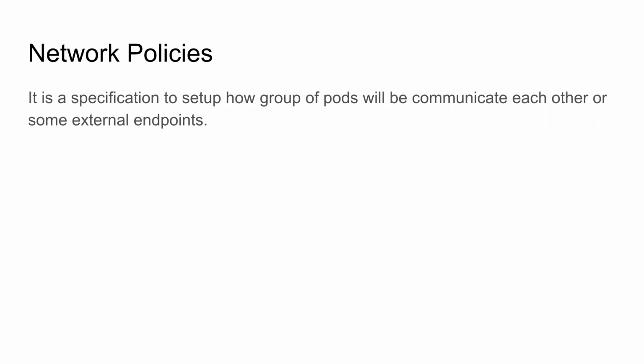So if you want to enable this, you need to specify that explicitly. For example, if you are using Google Cloud Platform, you need to say, okay, I want to enable this property after cluster setup.